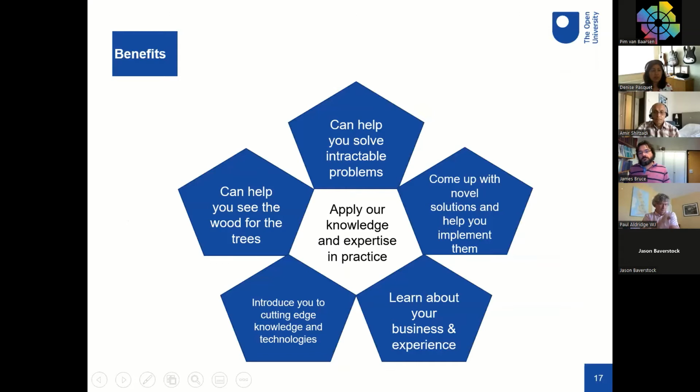Thanks, James and Paul. That really leads me nicely on to giving you a brief overview of what knowledge transfer partnerships are. Now, KTPs are a part UK government scheme to help companies innovate and grow. And they've been around for almost 50 years now, so it's been tried and tested.